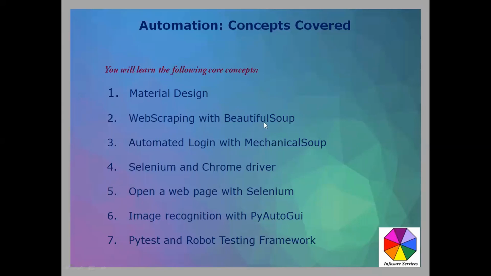We'll go through it. Next we'll see automated login. There are various packages, this is Beautiful Soup, this is MechanicalSoup, these are all Python packages. This is automation in terms of login.